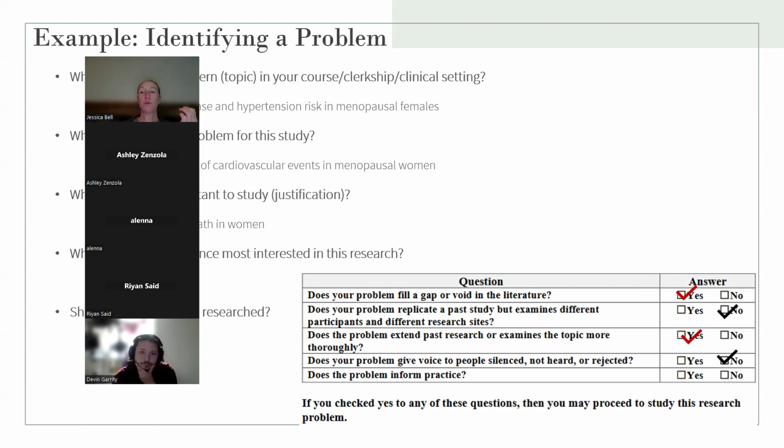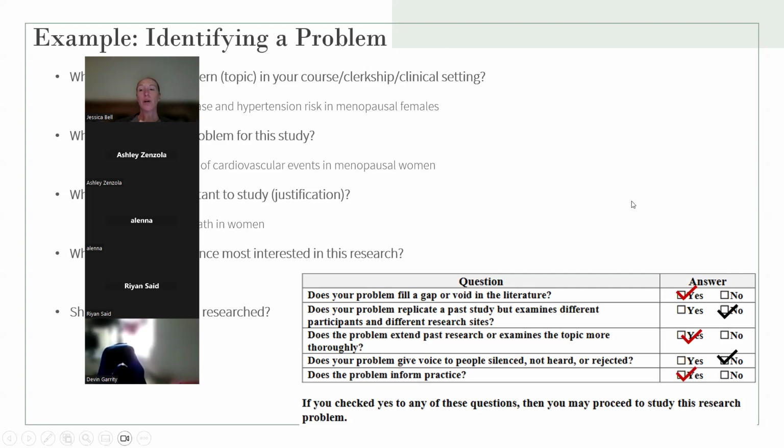Does your problem give a voice to people silenced or rejected? You can answer this either way. There is something to be said about different populations not being included in some of those earlier research studies. So a lot of the data that we have, what the normal range is for a white male of about this weight, may not translate to the population that we're looking at.